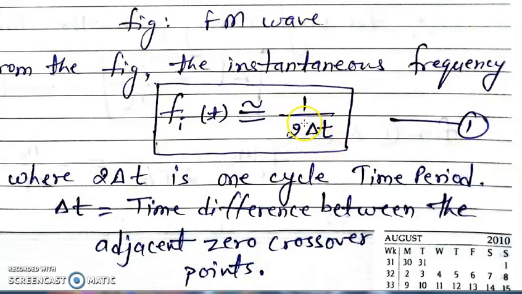So the instantaneous frequency will be approximately equal to 1 by 2 del t. Why have I taken an approximation here? Because the frequency is varying in the FM modulated wave. And here the instantaneous frequency is a function of time. As the time is varying, the frequency is varying, and this del t is also varying.